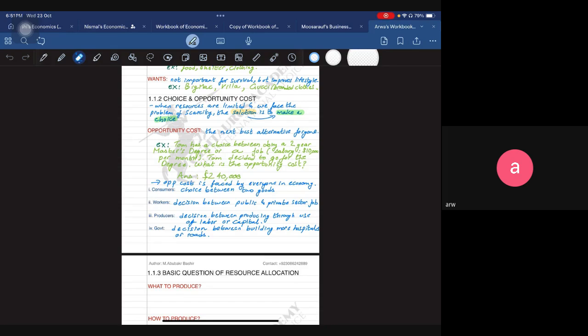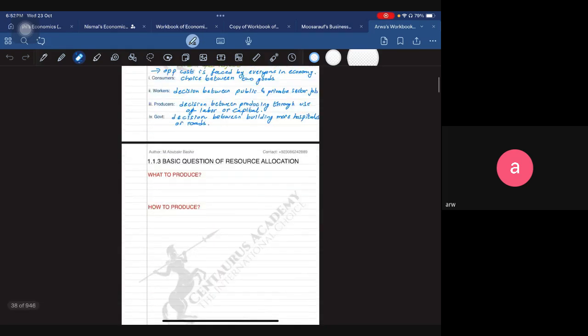Everywhere they face opportunity costs. When we study this topic later on, I will discuss this concept there as well. For the government, the decision between building more hospitals or roads is the opportunity cost they face, and they face it in many other areas as well.